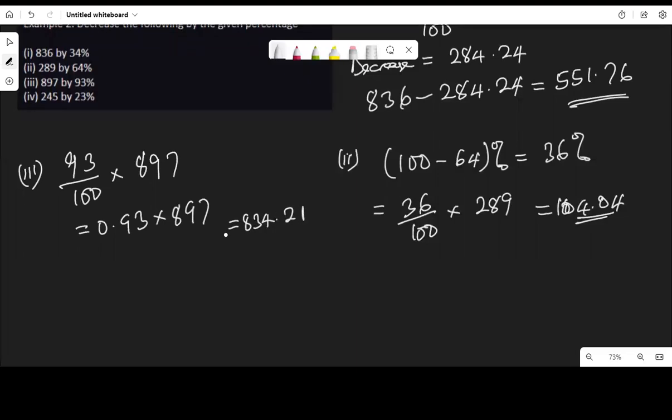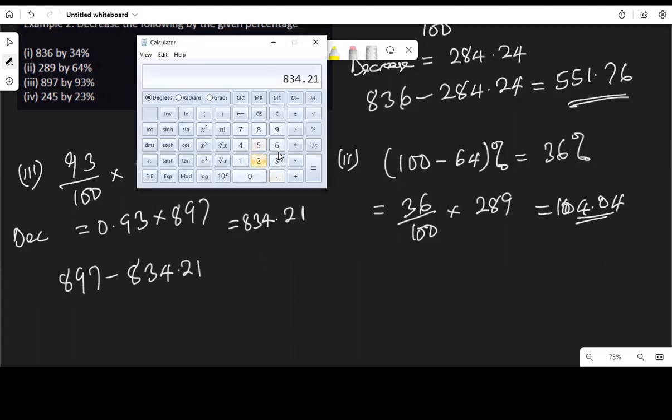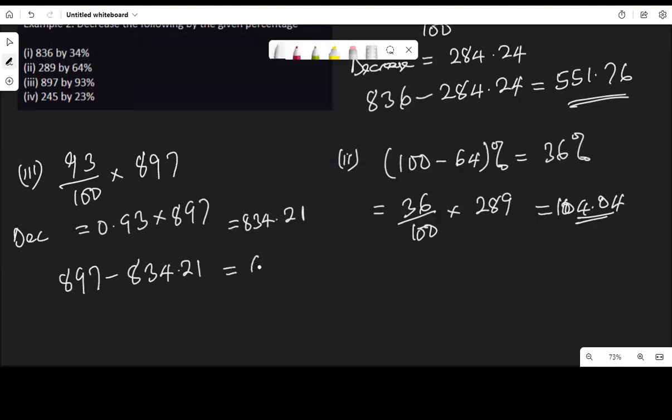That is a decrease. Therefore, decreasing this quantity by this value, we have 897 minus 834.21. Let me just subtract. That is 62.79, which is the new value now.